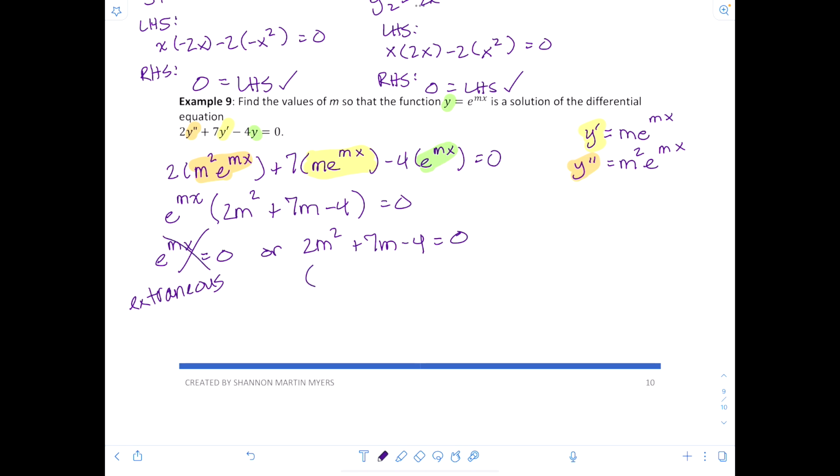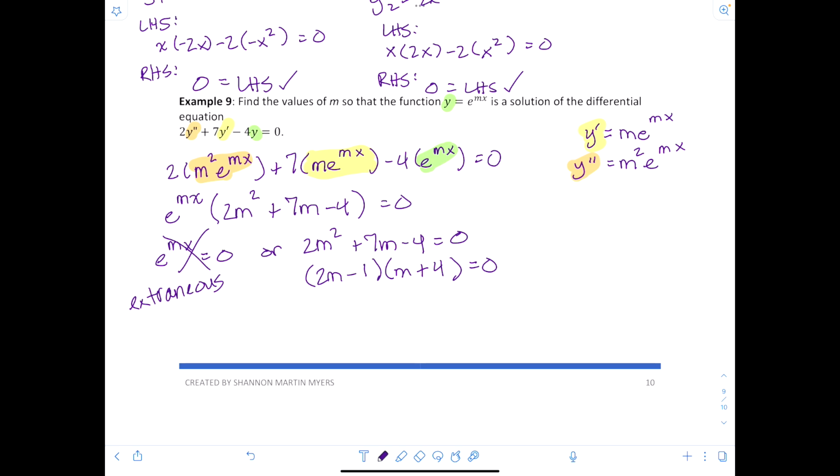So here, factoring, we'll have 2m, if we go plus 4 on the second factor, that will give us an 8m, and if we just do minus 1 on the first factor, you'd have a positive 7m, and we still get everything we need.